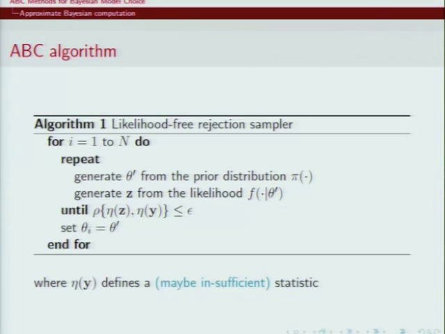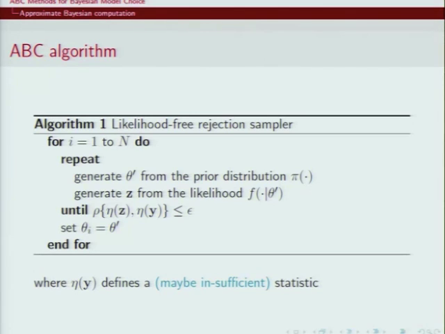And then we wait until the pseudodata is close enough to the true data using yet another approximation, and that will be the central point of the talk, namely that instead of waiting for the data and the pseudodata to be close enough, we go through a summarizing statistic, eta, and so we wait for eta of z and eta of y to be close enough.